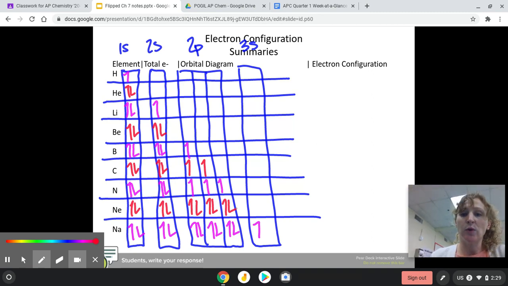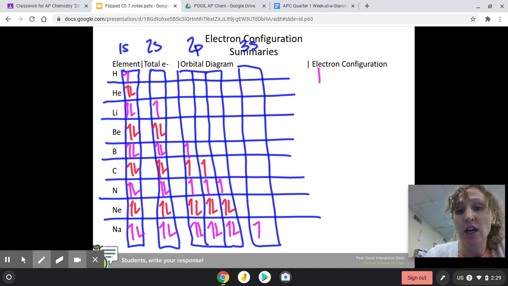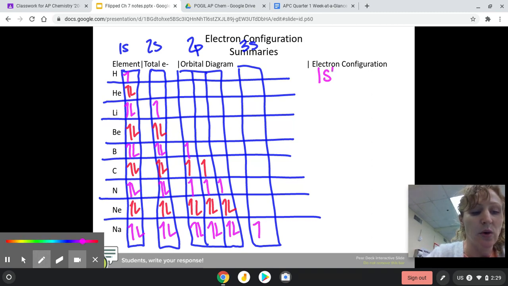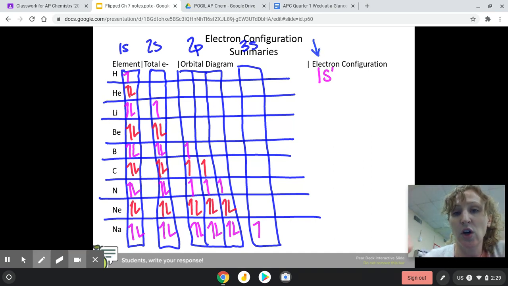All right, so again, we're just writing the shorthand way of writing our orbital diagrams. In each section, you want to indicate the energy level, the shape, and then the electrons that they're holding. So every single part of this code is going to have 3 sections to it.